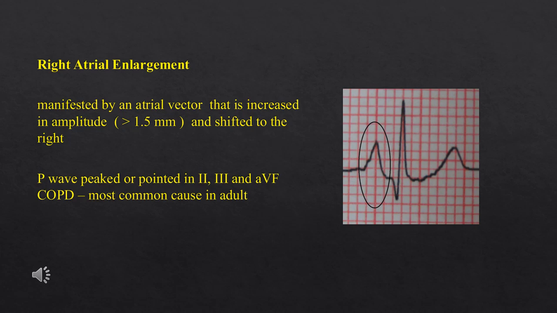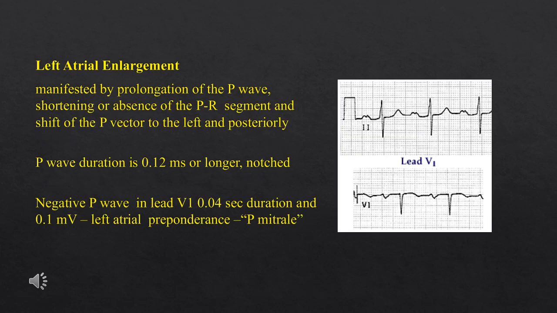It is also called P pulmonale. Left atrial enlargement is manifested by prolongation of the P wave, shortening or absence of the PR segment, and shift of the P vector to the left and posteriorly. P wave duration is 0.12 seconds or longer, and it is also known as P mitrale.